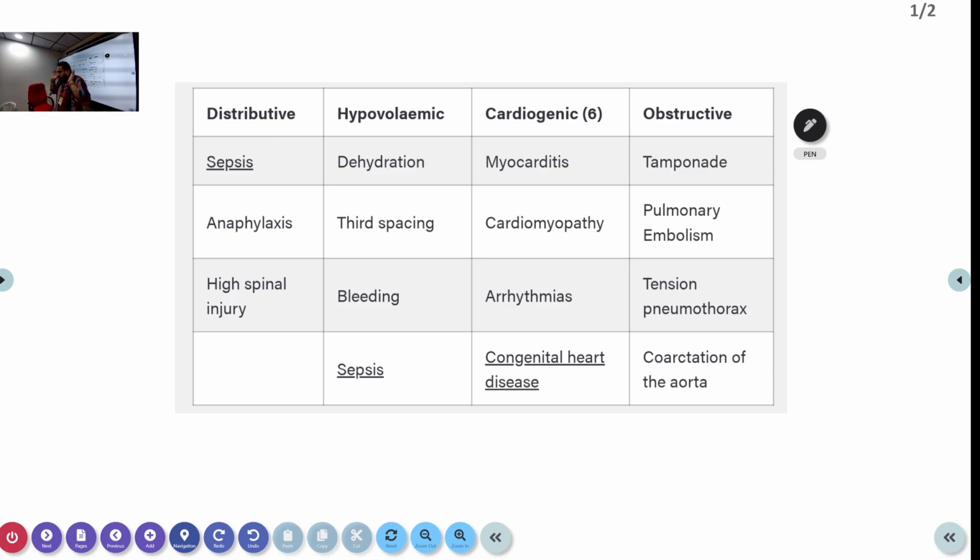As I told yesterday, what does shock mean? Shock is not equal to hypotension, you cannot use that, but shock can cause hypotension. The body will try to compensate, and if the BP is maintained above the 5th percentile, which we discussed as 70 plus age into 2 for the systolic BP, we can call it compensated shock.